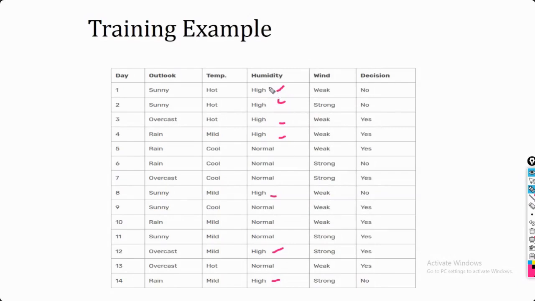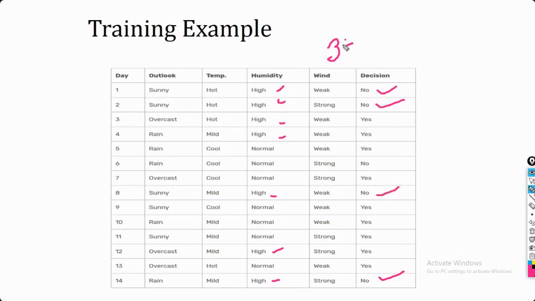Now out of this 7 that I'm going to consider with respect to high, how many is your yes and how many is your no? If you count with respect to high, no is 1, 2, and 3. So 3 no is there, that means 4 is going to be your positive. Just a minute.